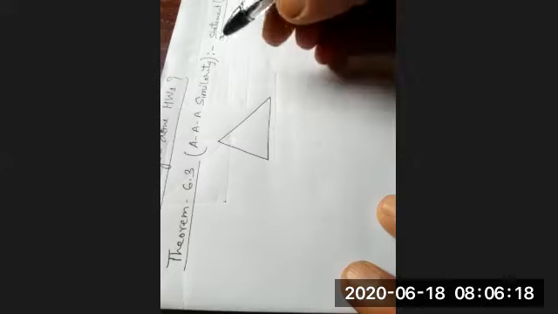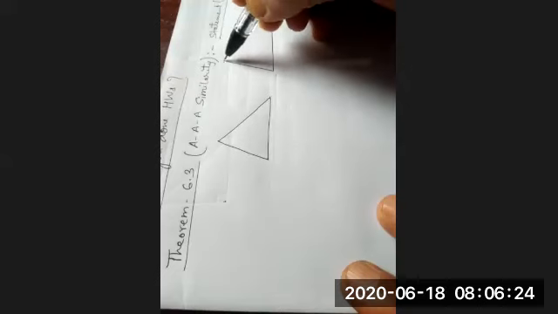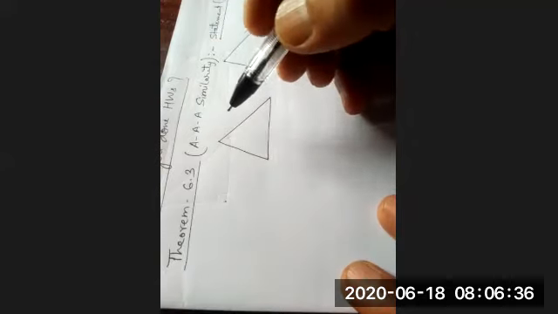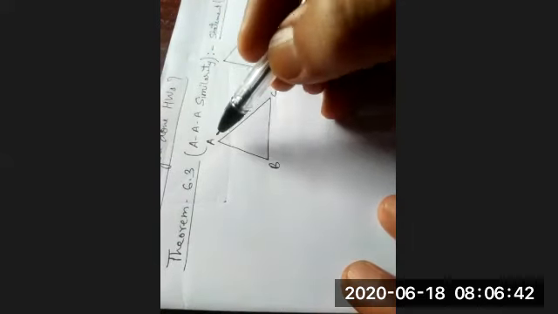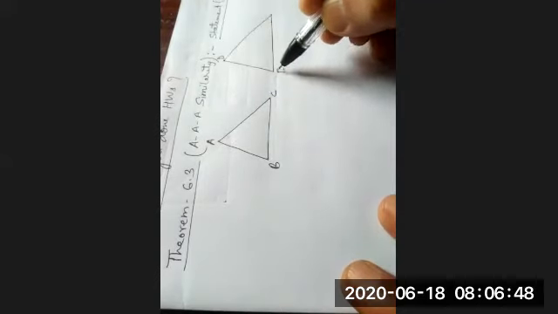It says that if two triangles are there, suppose this is one of the triangles, and another triangle, smaller or bigger, no matter. In two triangles, corresponding angles are equal. Suppose this is the triangle ABC, and corresponding to vertices A, B, and C, these have vertices D, E, F respectively.